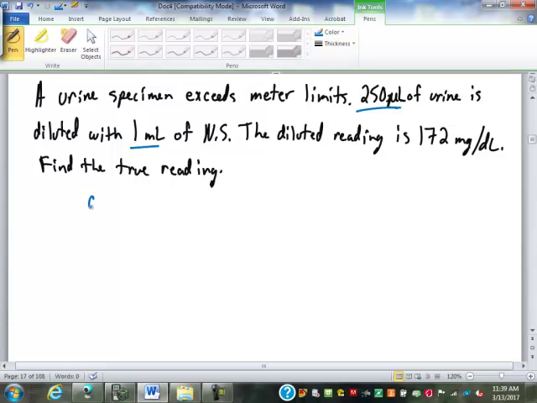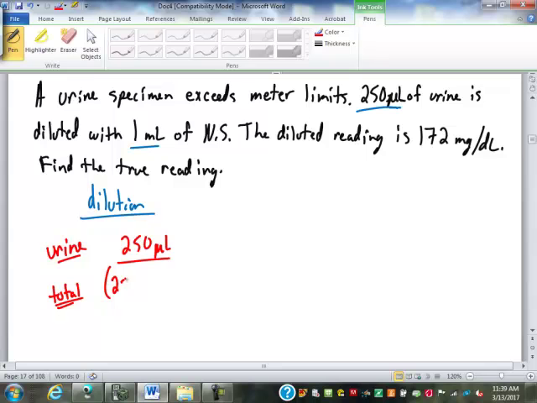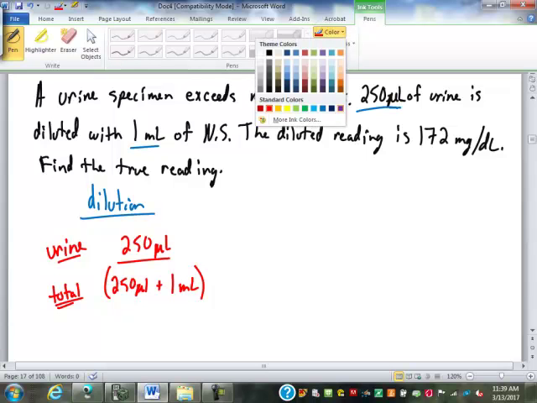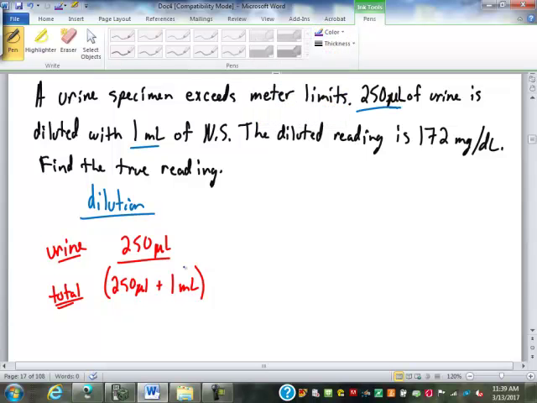So the first thing we have to do is find the dilution. So the dilution, remember, is the concentrate, in this case the urine, over the total solution. So the urine here is 250 microliters. Our total solution is the urine plus the saline. Now our issue here, of course, is that these are in different units.